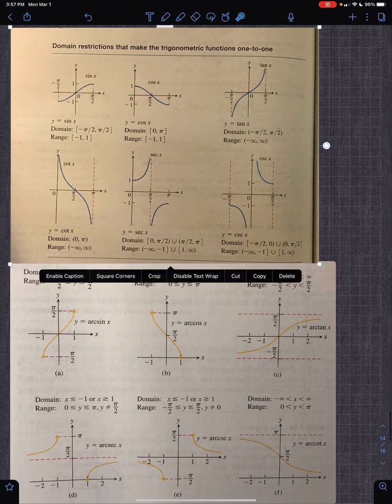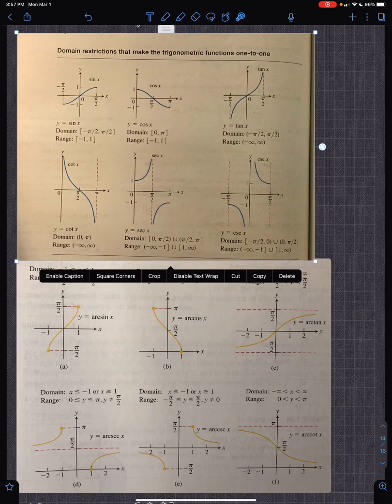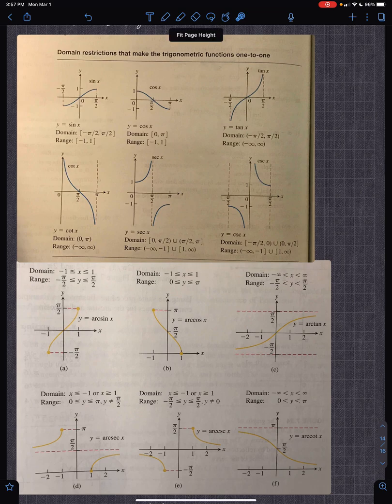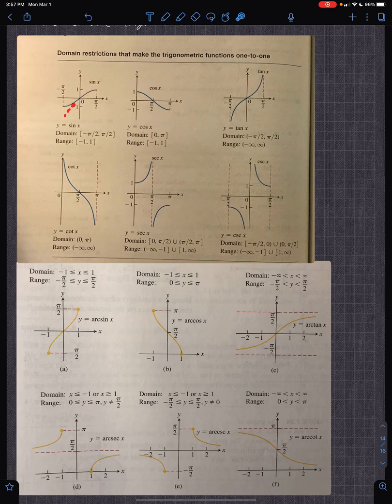If you take sine here, and you look at the line y equals x, and you do its inverse, you're going to get that. So this is the inverse of sine. And note the domain and range will always be interchanged. Okay, that's what's happening here.